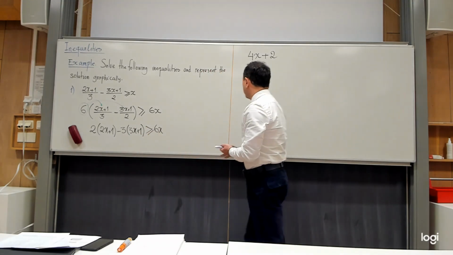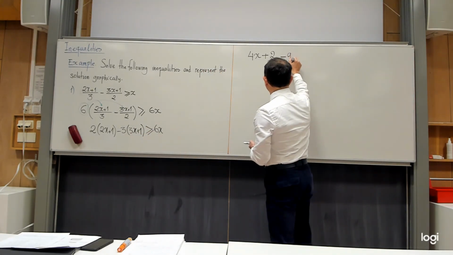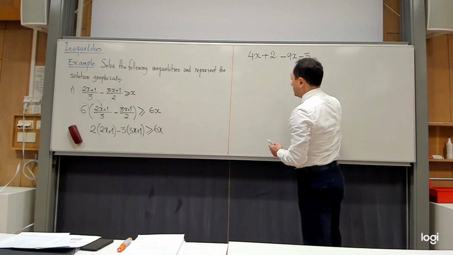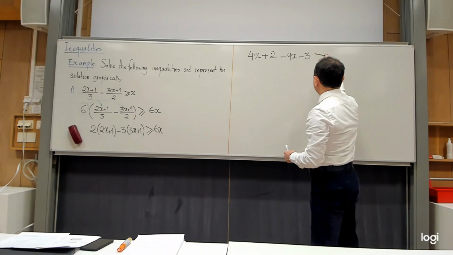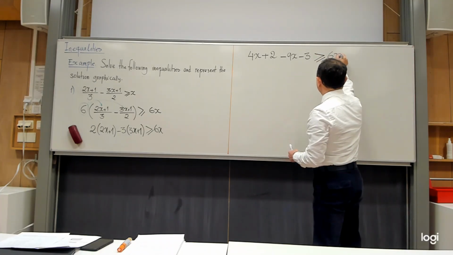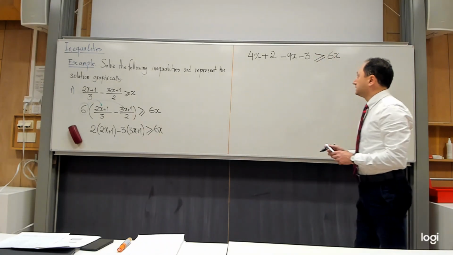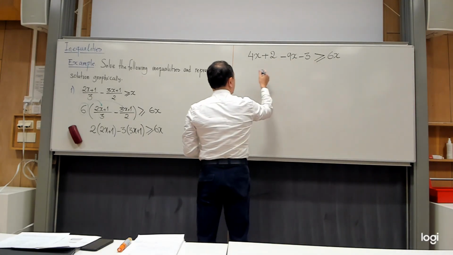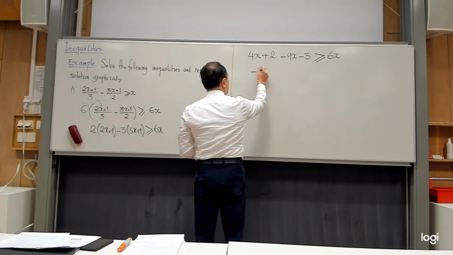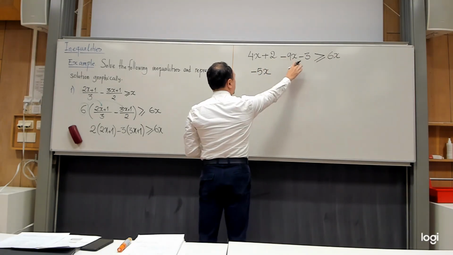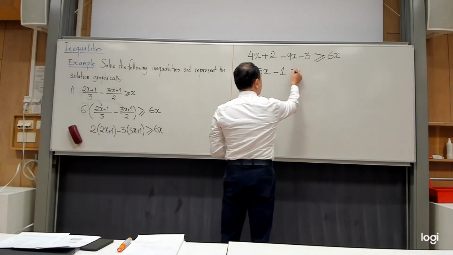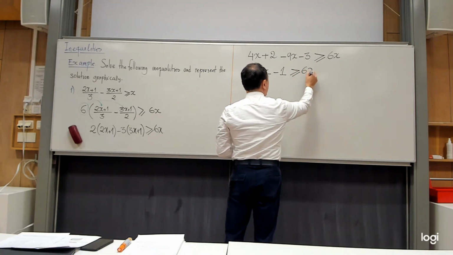So the first one becomes minus 9x, and be careful, the second one also becomes negative 3. And on the right-hand side you just copy that part because there is nothing we can do for that. But I can simplify. 4x minus 9x is negative 5x. 2 minus 3 is minus 1, is greater than or equal to 6x.